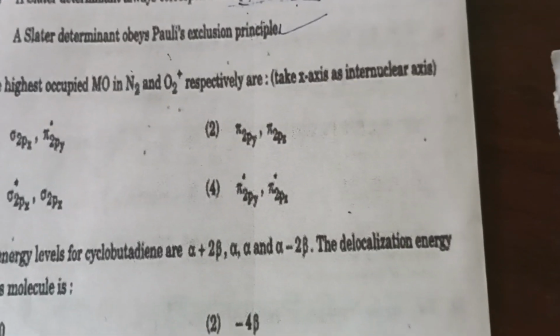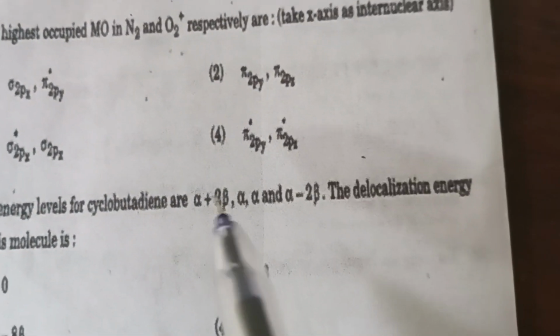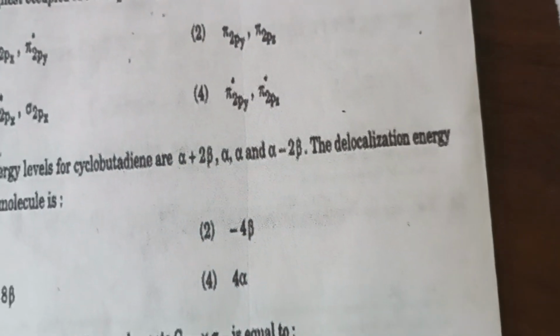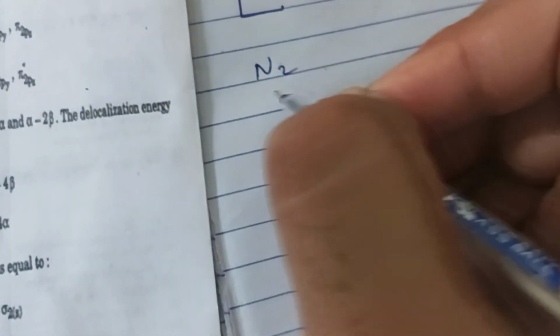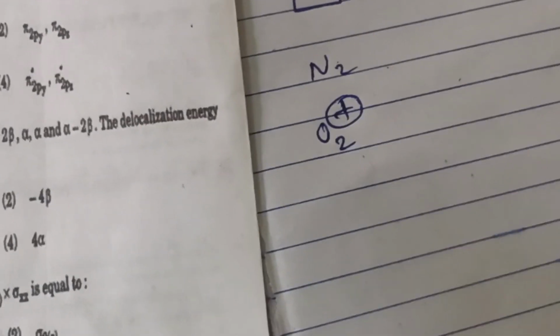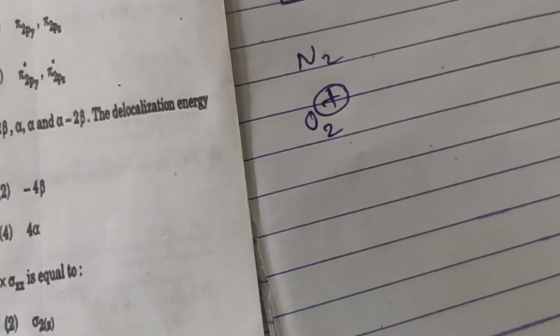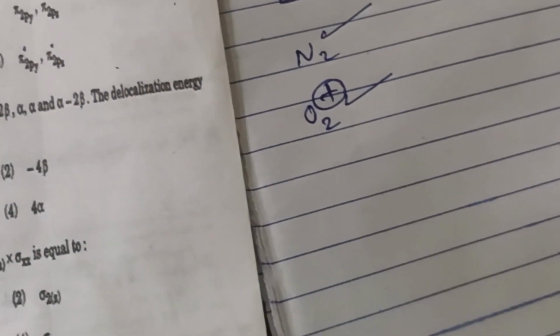Next, the question is: the highest occupied molecular orbital in N2 and O2 plus is represented as which? Here they are asking about the HOMO, the highest occupied molecular orbital. They are giving N2 and O2 plus. There are some theoretical points here.